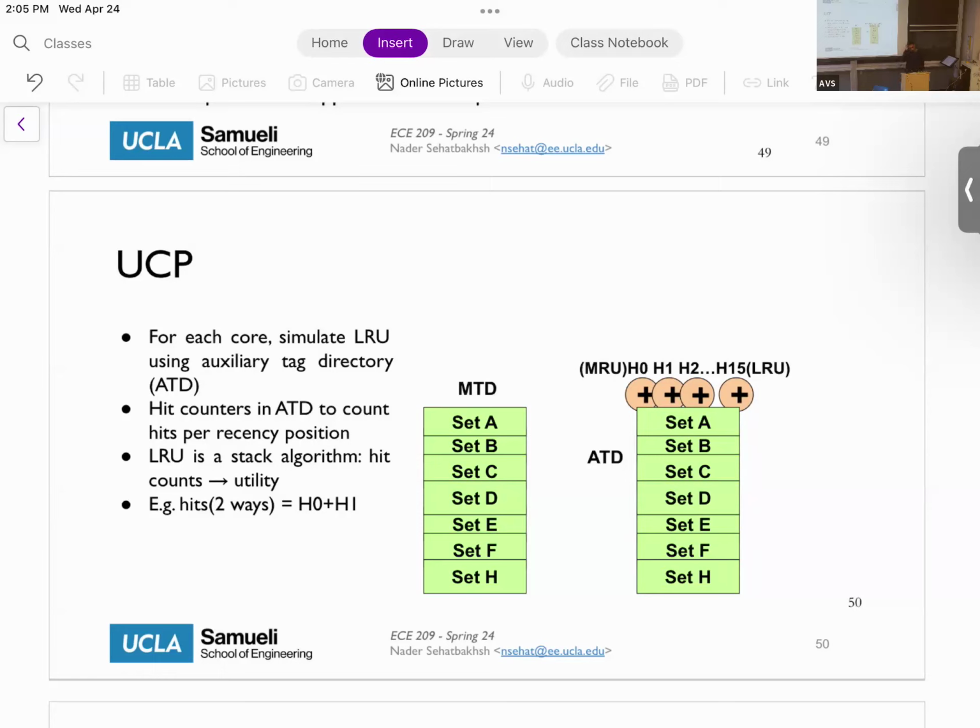I would say nowadays hardware is cheap, so you can actually afford to have bigger. I think the only reason for not having bigger is the latency of that history table, because it needs to be queried per cycle, right? If it's too big, it defeats the purpose because you cannot query it as fast as you want.